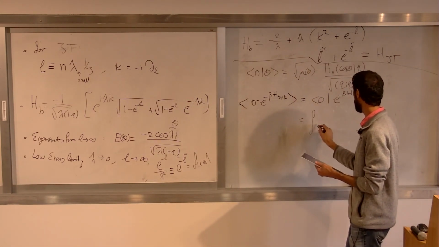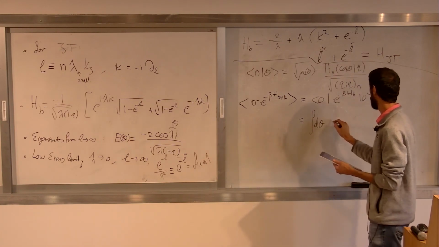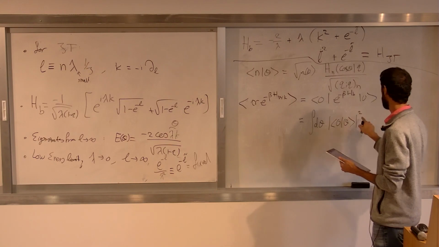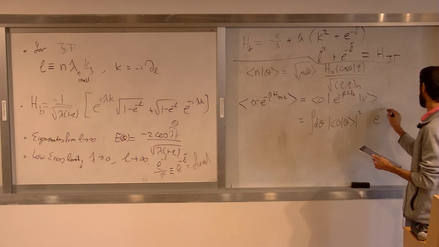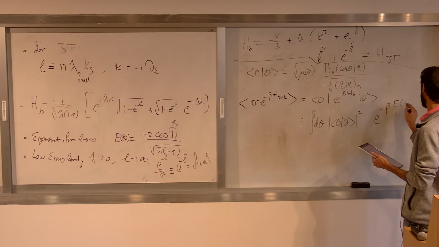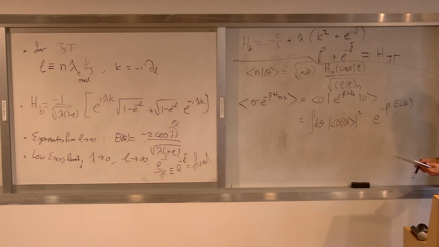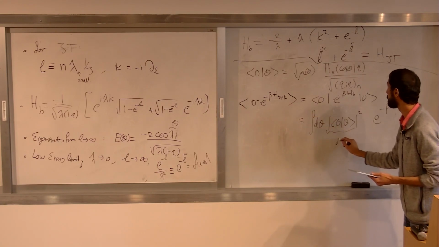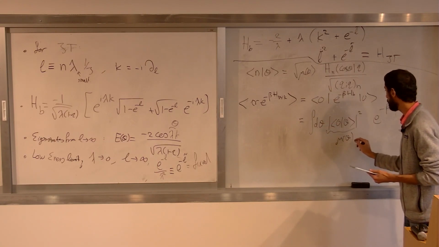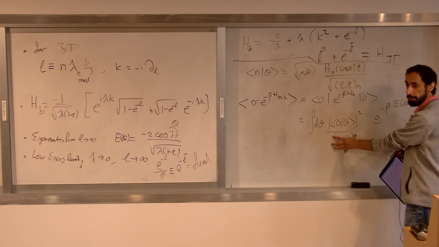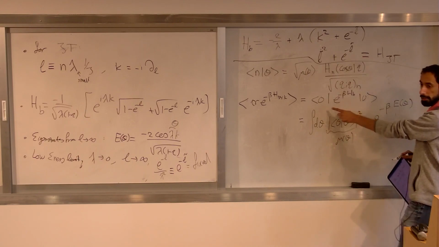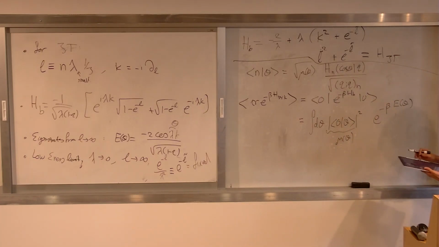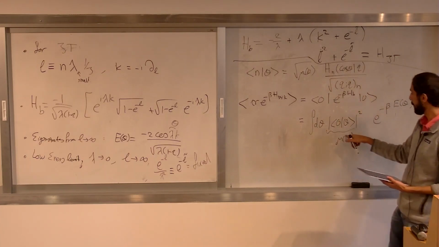It's going to be the integral d theta, the overlap of 0 with theta squared, times e to the minus beta E of theta. This thing here is what I call mu. And this is the thing that gives you the density of states. It comes from the wave function in the chord basis.